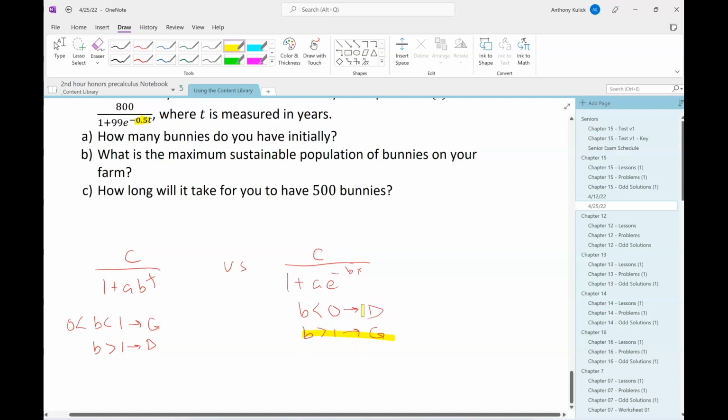So this is growth, which would make sense from the question, right? We're talking about a population of bunnies. Probably talking about growth.